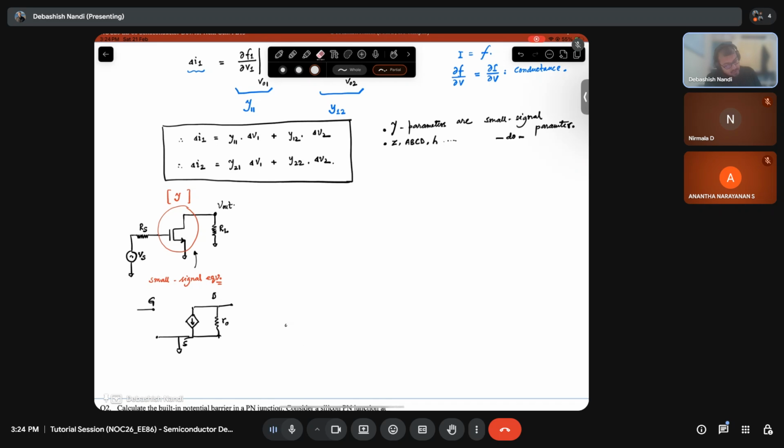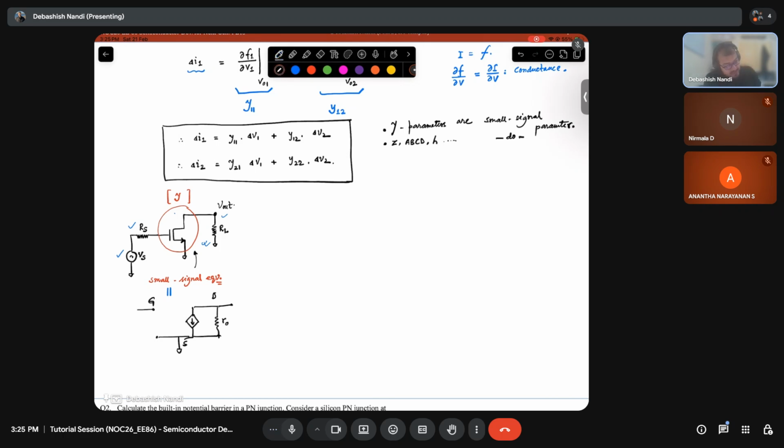So these are the same things, understand please, but we'll keep using these symbols. So you can see that I am keeping only the small signal input, the source resistance, the MOSFET, which I will replace with Y parameters, and then my Vout and load resistance, right?